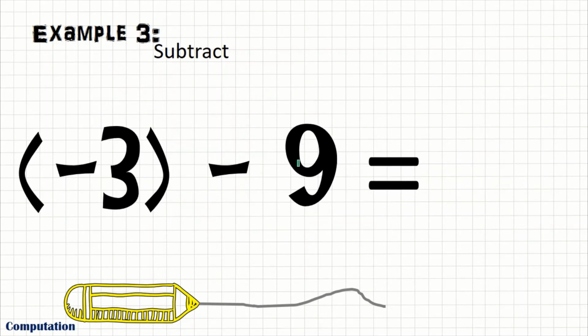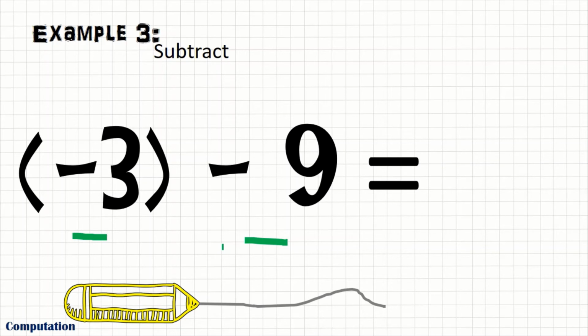Next, example number 3. If we have negative 3 minus 9. So, si negative 3, of course, ay merong sign na negative. Si 9 ay negative dahil kay minus. So, now, meron silang same sign.